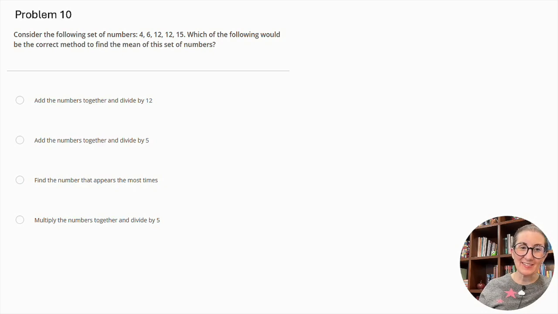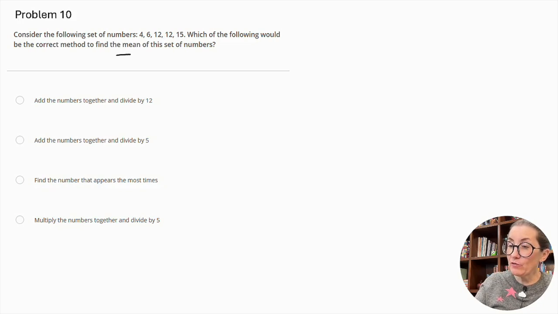Problem number 10. Consider the following set of numbers: 4, 6, 12, 12, and 15. Which of the following would be the correct method to find the mean of this set of numbers?